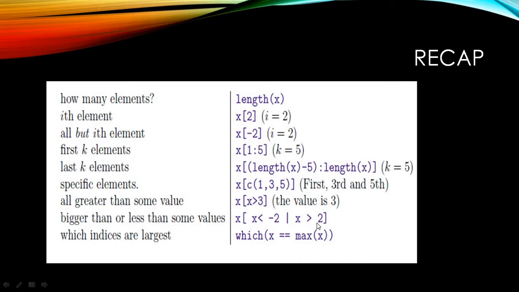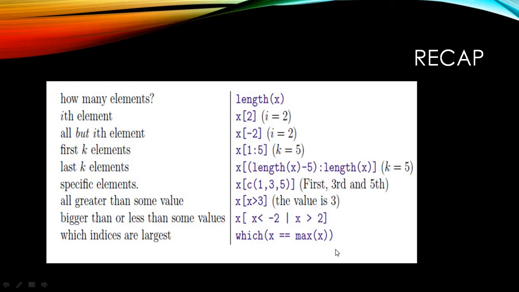So I want to find all those values which are less than -2 and greater than 2. Now which indicates which indices are largest, which x double equals to max brackets x brackets close.